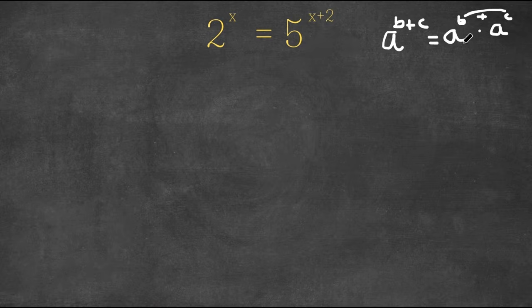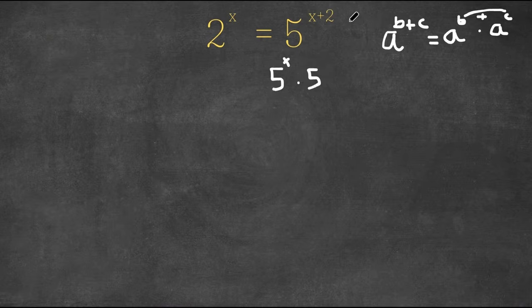So 5 in this case is a, right? So we have 5 to the power of b. b is x, times 5 again to the power of c, which is 2. And this is still equal to 2 to the power of x.